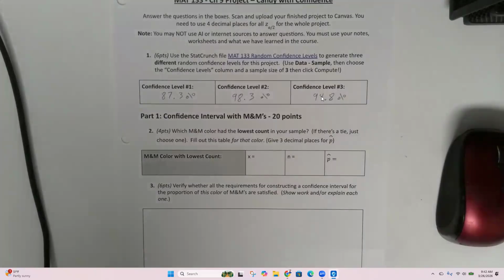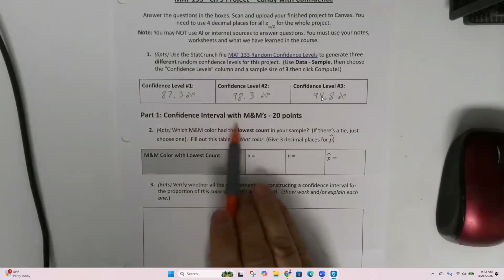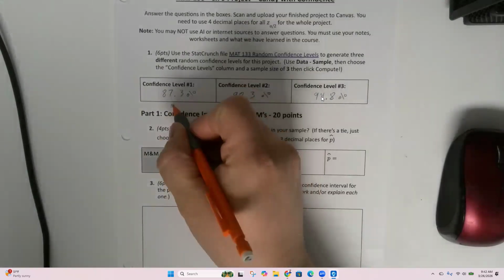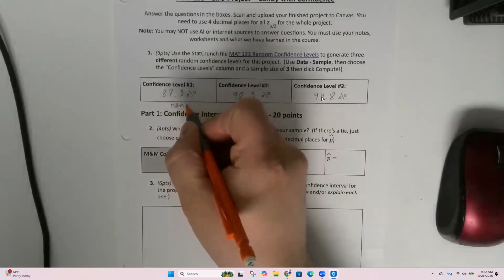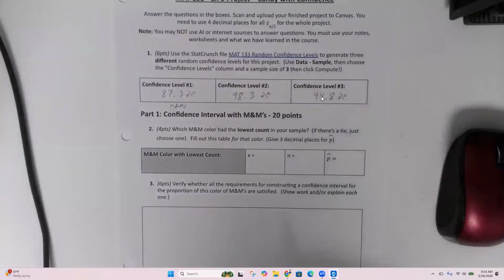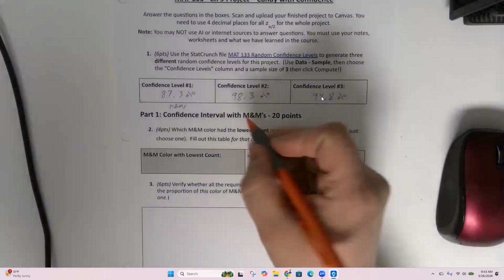All right. So now that I have those, let's start with looking at M&Ms. We're going to use confidence level number one. This one's going to be for M&Ms. And this one is going to be for Skittles, right?